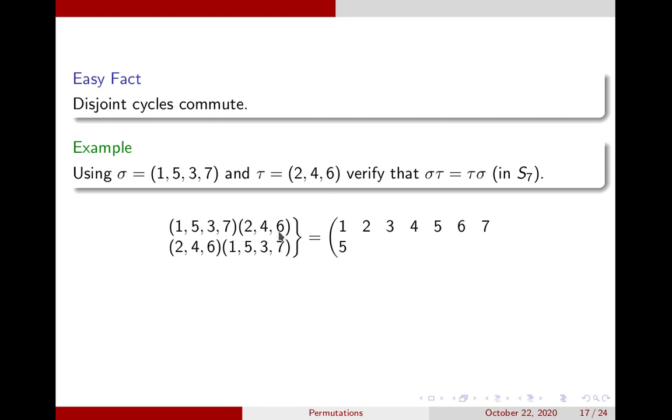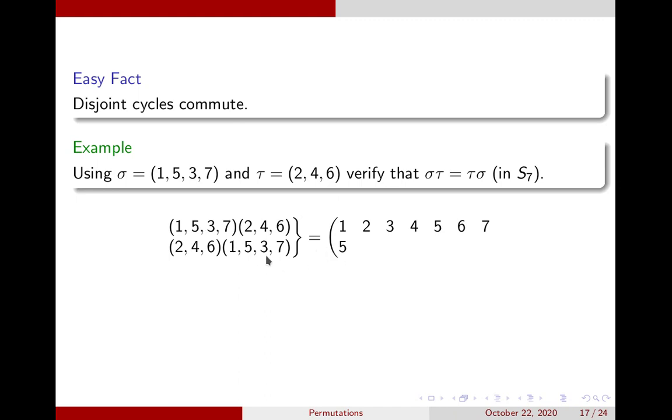And similarly, we can verify that doing both calculations, 2 will be sent to 4. In the top calculation, the rightmost cycle sends 2 to 4. The leftmost cycle sends 4 to 4. So 2 is sent to 4.